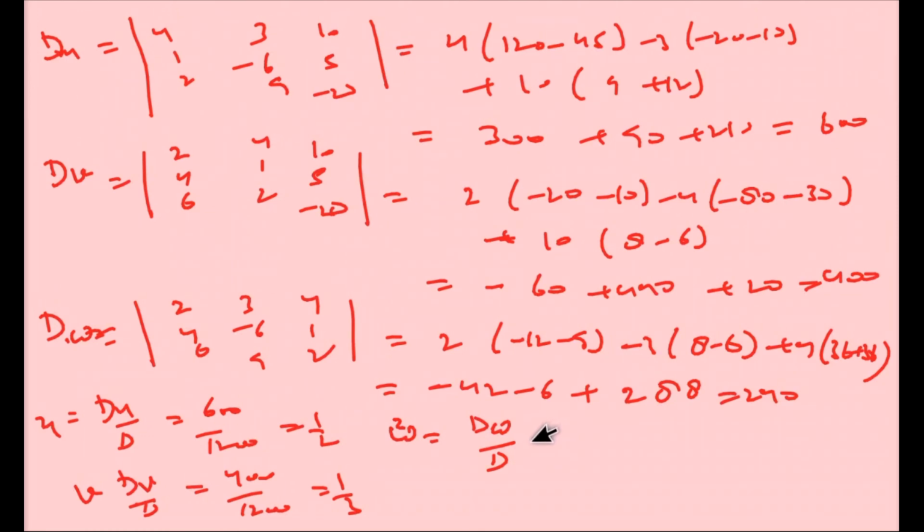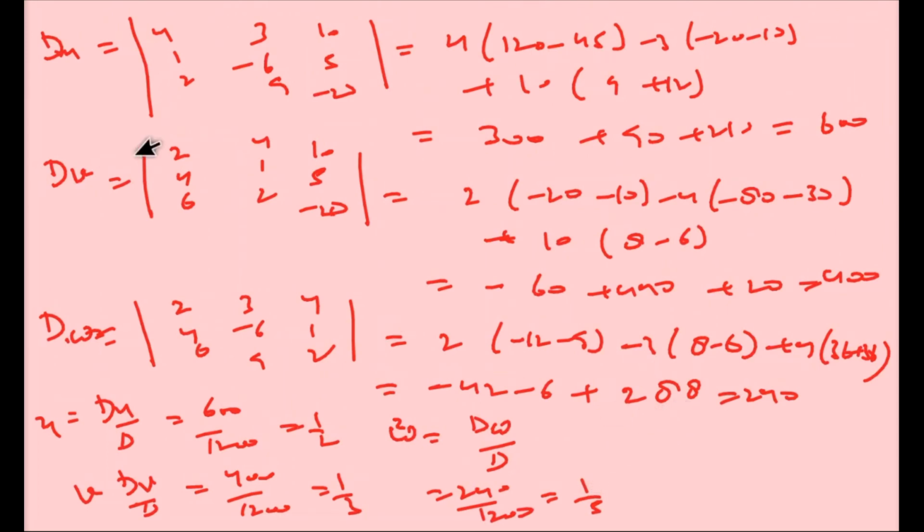So now what is the value of w? That is 240 upon 1200, so we are getting here 1 by 5.